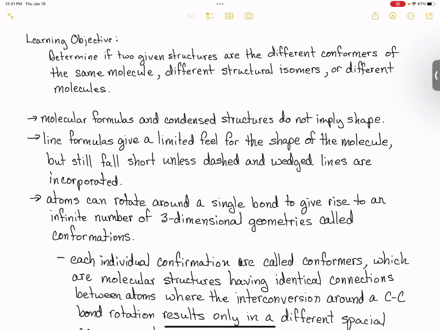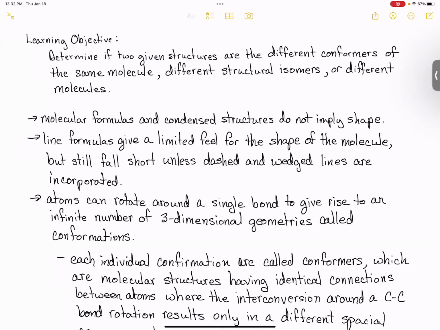So basically, what I will do in class is bring in a molecule set so that you can actually see this rotation and how just because we're rotating the molecule does not change the molecular formula.